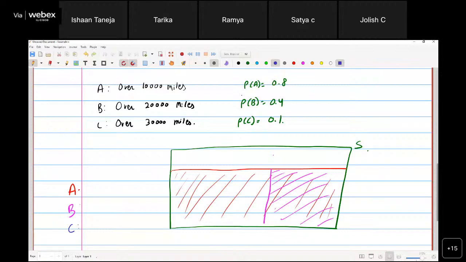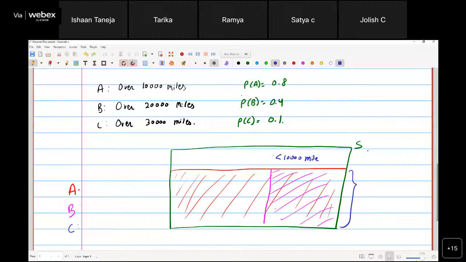This pink region specifies that this much of the red also satisfies event B. The remaining doesn't. And within the white region, we cannot have pink, because the white region is where our battery is less than 10,000 miles, right?